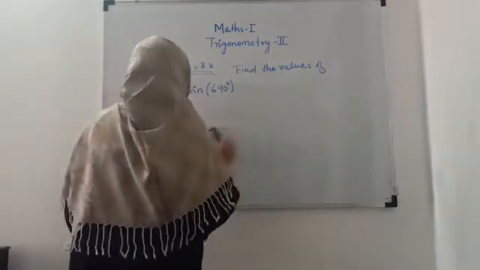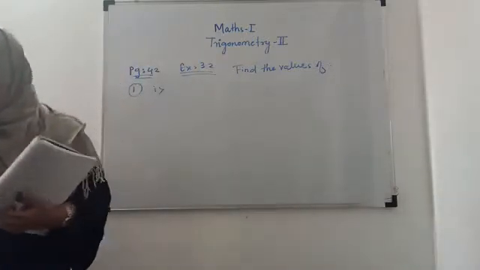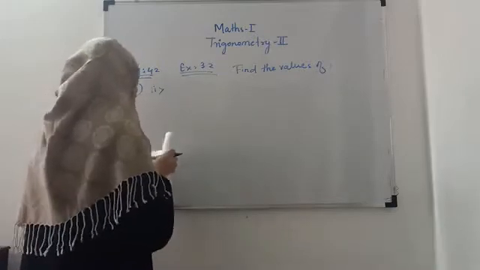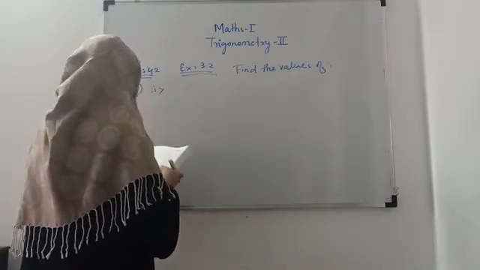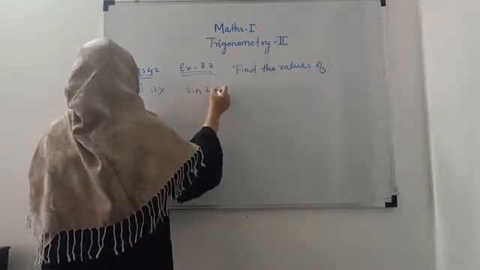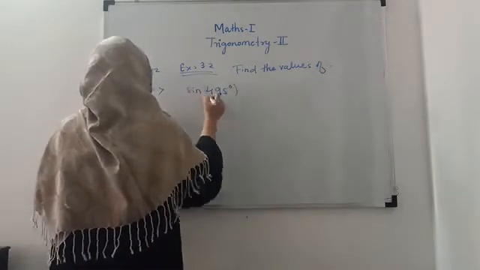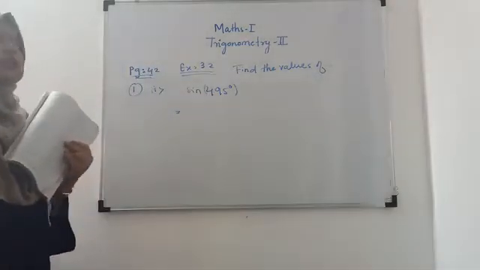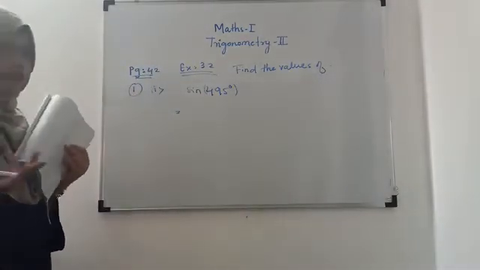Now the next problem is problem number 2, which is sine 495 degree. Again we will convert this 495 into addition or subtraction of multiples of pi.